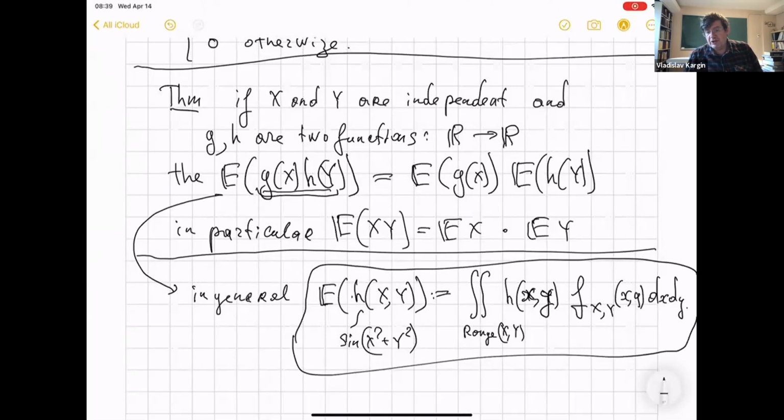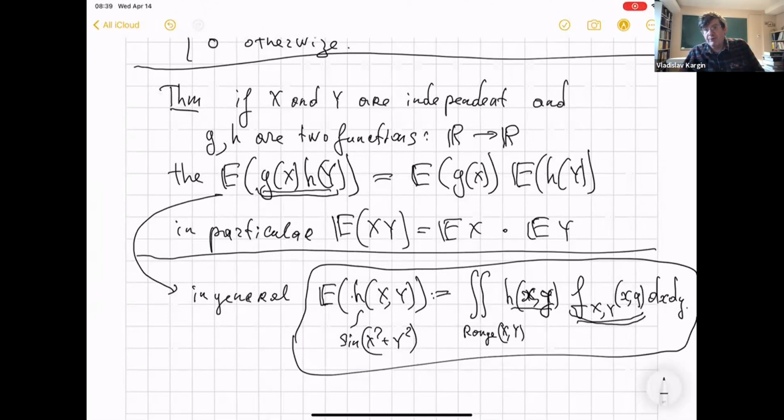It's just a generalization. If you want to figure out the expected value of some function of two random variables, you take the values of this function h of x, y and calculate the average using an integral, not a sum, using as weights the joint density of these random variables at the point x and y.